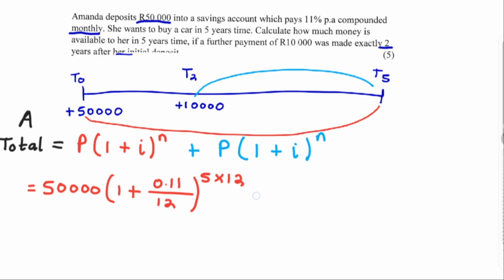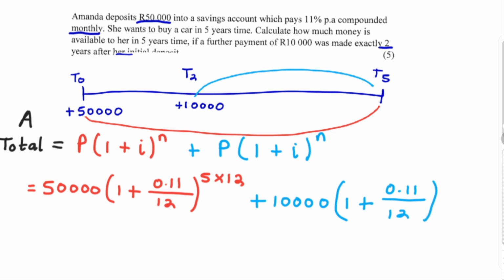And then we have the 10,000 rands, which is 1 plus the interest rate, which is still the same for the entire 5 years. It hasn't changed. So it is 0.11 over 12. But now we are starting from year 2.